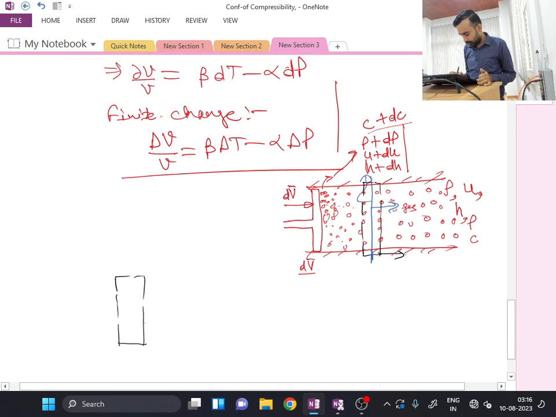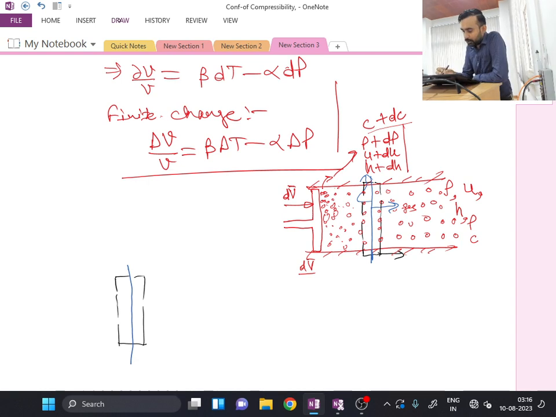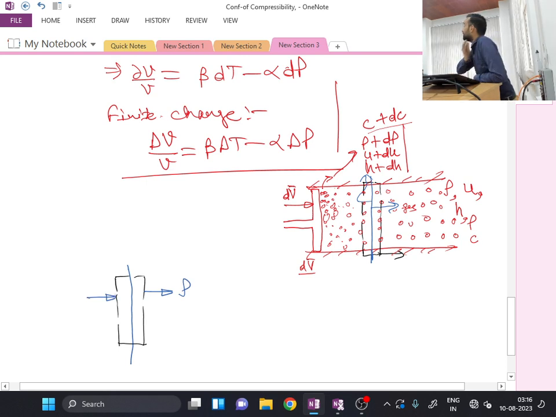So now I will draw this control volume over here. This is the control volume, and it is drawn across this wave front. Okay, so for this control volume, on the right side density will be rho, and on the left side where the wave has already passed, density will be rho plus d rho. Enthalpy will be H plus dH.